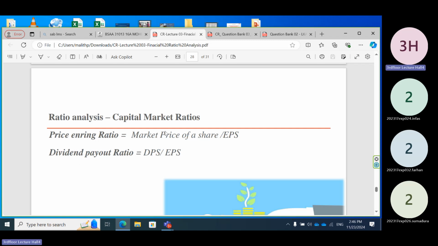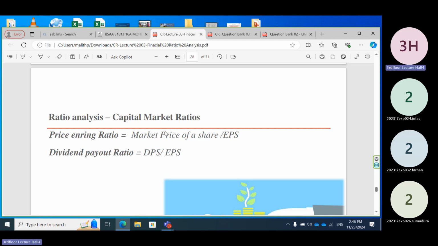PE ratio can be used for your business valuation. How are you going to do that? Let's say you want to value two different companies, let's say two hotels, A and B. A hotel, B hotel.